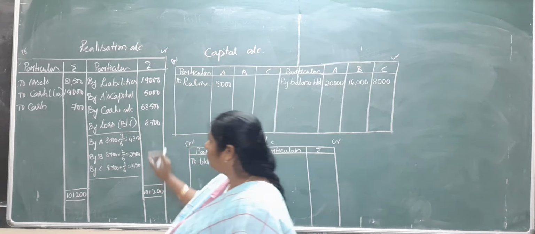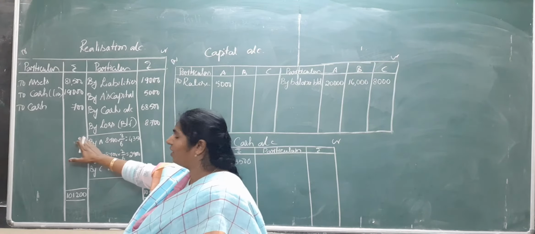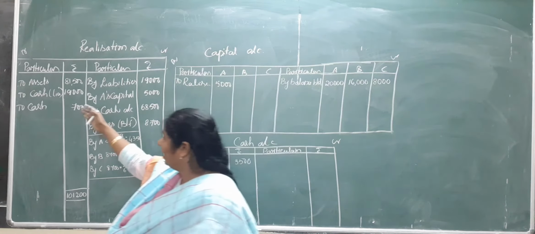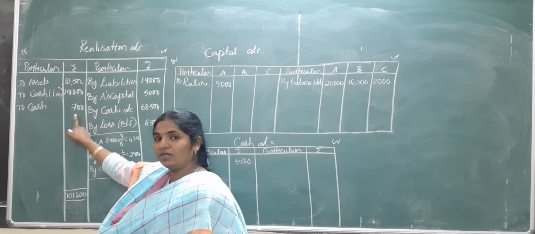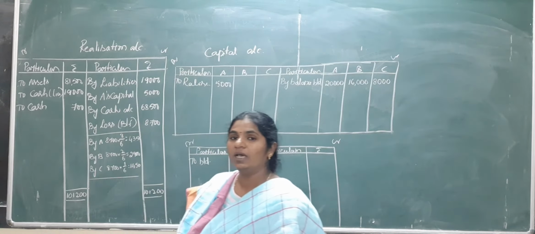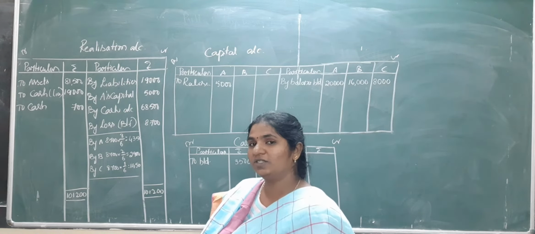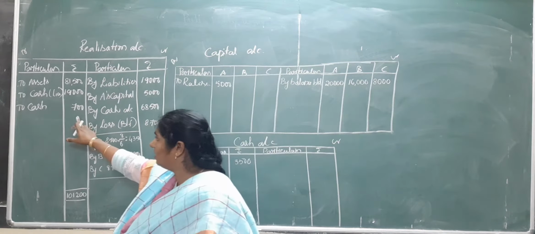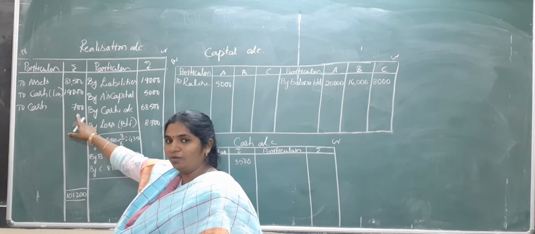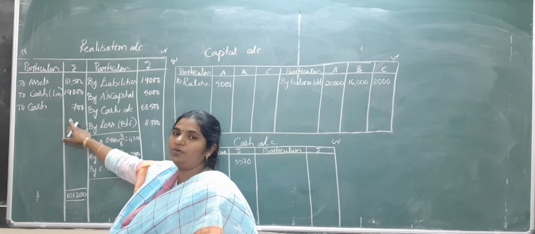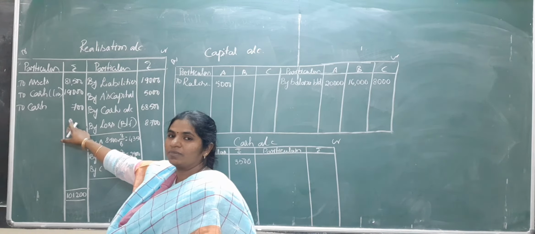Now we have to find out whether there is profit or loss on realization. On the debit side, one more transaction is there, that is about bills dishonored. Whatever amount of bills dishonored is paid by the firm, and we have written the journal entry realization account to cash account.